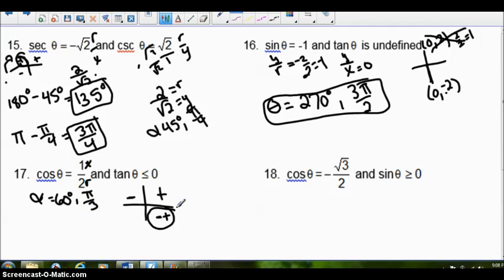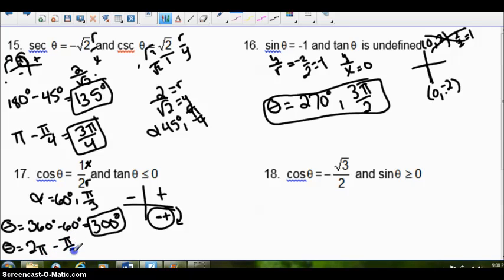But we said it has to be in the fourth quadrant. So theta will be 360 minus 60, which is 300 degrees. Or we can say theta is 2 pi minus pi over 3, which is 5 pi over 3 radians.